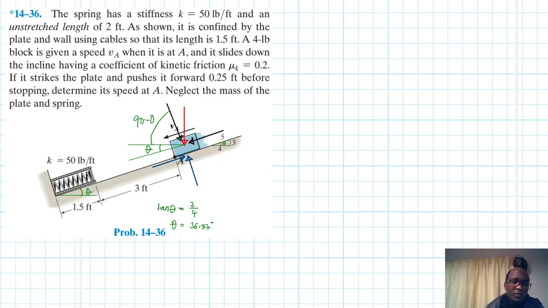So this is theta. This is our weight, so this just becomes W sine theta, and this one is W cos theta. This is the normal force, and this is the kinetic friction.